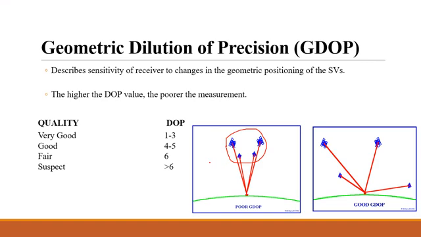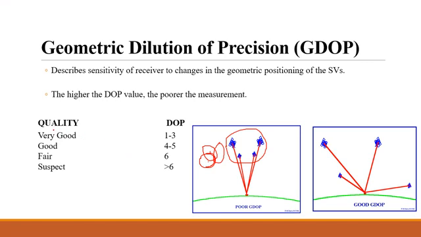For example, this is satellite 1, this is satellite 2 and this is satellite 3, meaning that these are much nearer to each other, so these are causing dilution. So this is an error and cannot show the original position of a point.